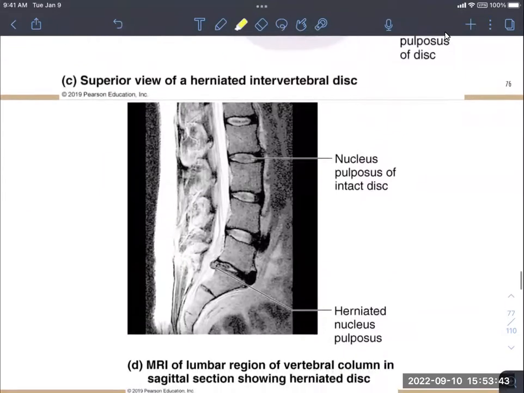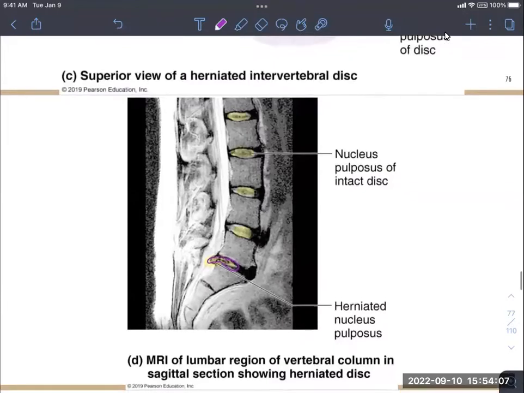Here you can see in this MRI the nucleus pulposus of discs. Down here, you see a nice herniated disc. Those are painful. It's hitting the spinal cord. So that is pretty painful.